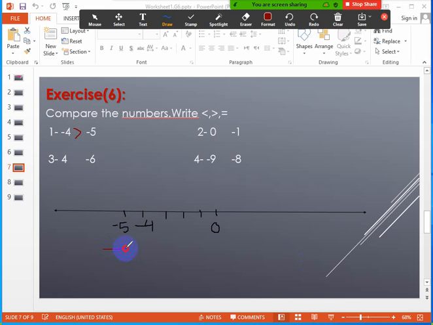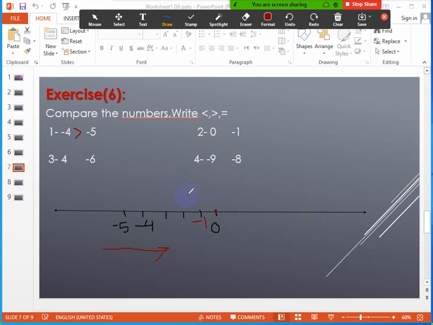So, look, this is the greatness direction. So, look, which one is the greater? Of course, -4 greater than -5. So, now, number 2, 0, -1. This is 0. This is -1. Which one is the greater also? Now I will choose. Okay, who didn't answer? Yes, Jenna, open the mic.